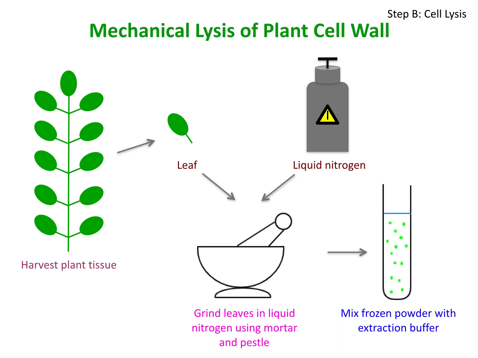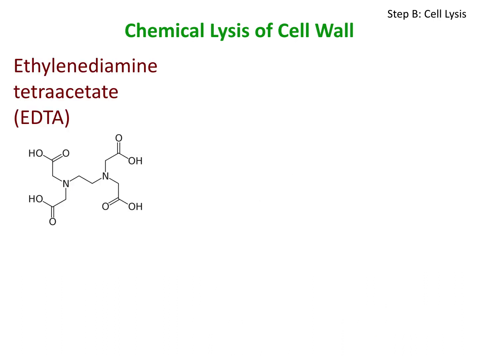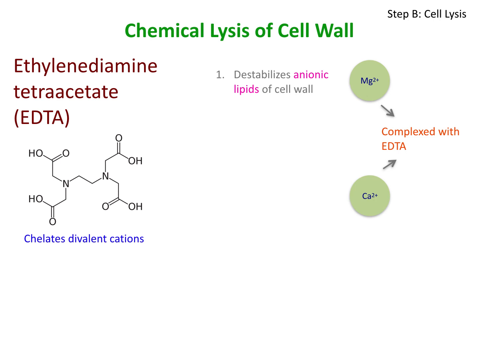Another chemical which is usually added to the lysis buffer is ethylene diamine tetraacetate, in short EDTA. It chelates divalent cations, in other words, positively charged ions like magnesium ions. Cell walls of many bacteria contain lipopolysaccharides, which remain in a stabilized state with the help of cations like magnesium and calcium.